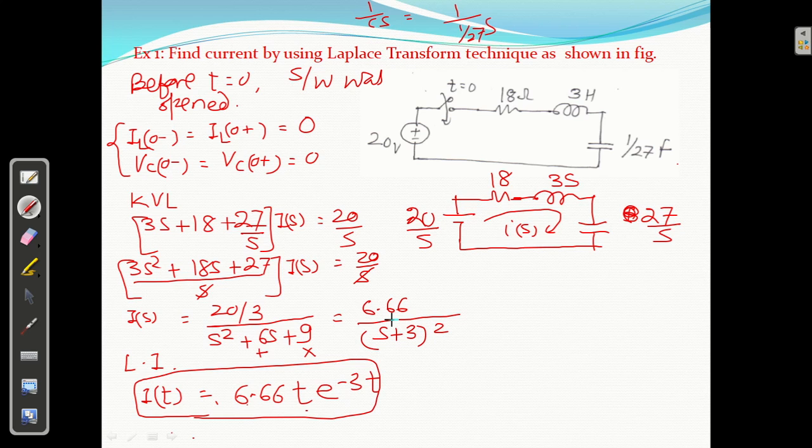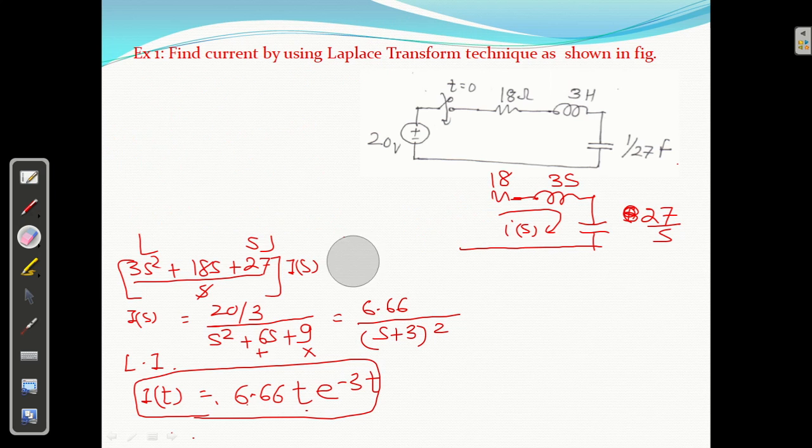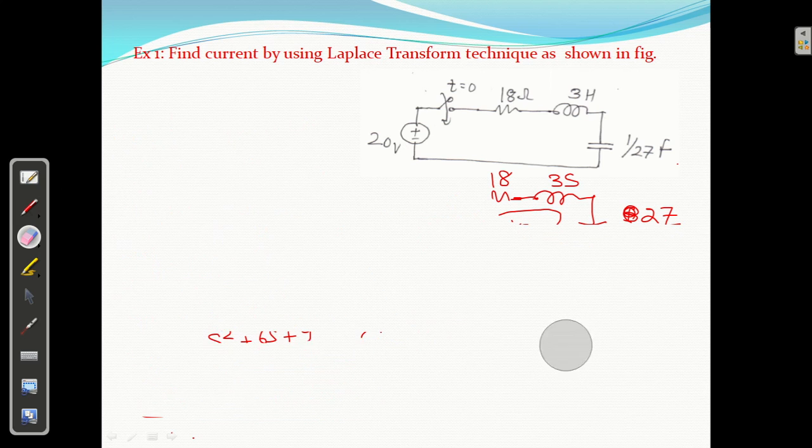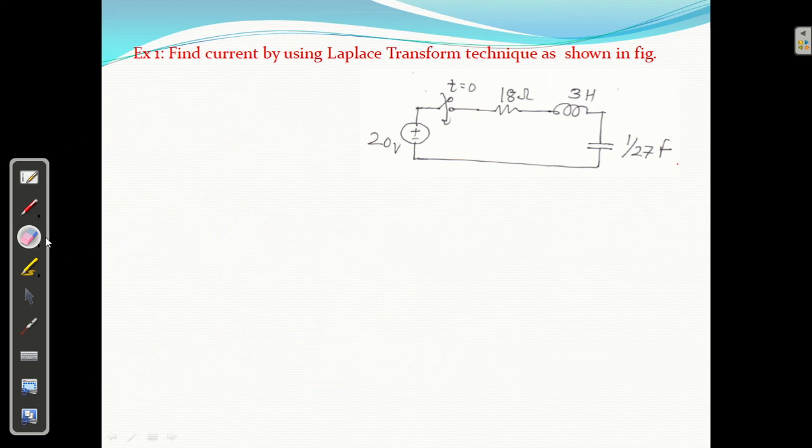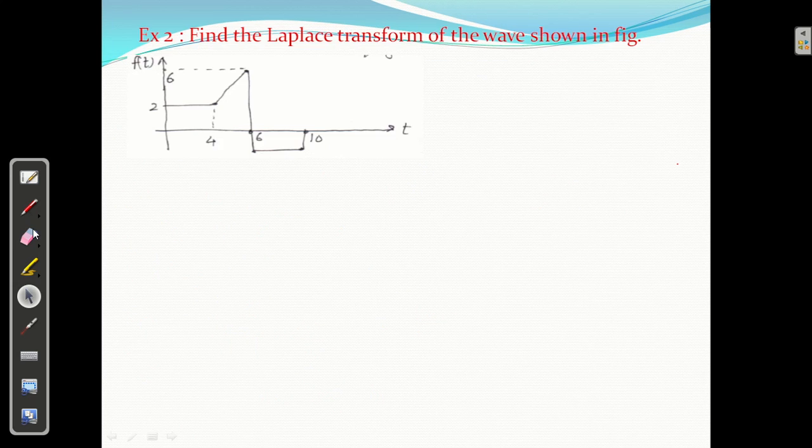Next problem I am going to solve. Question number 2, the waveform.